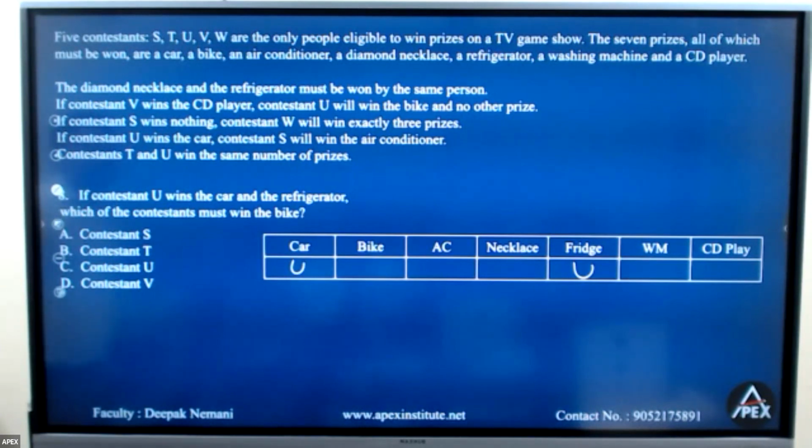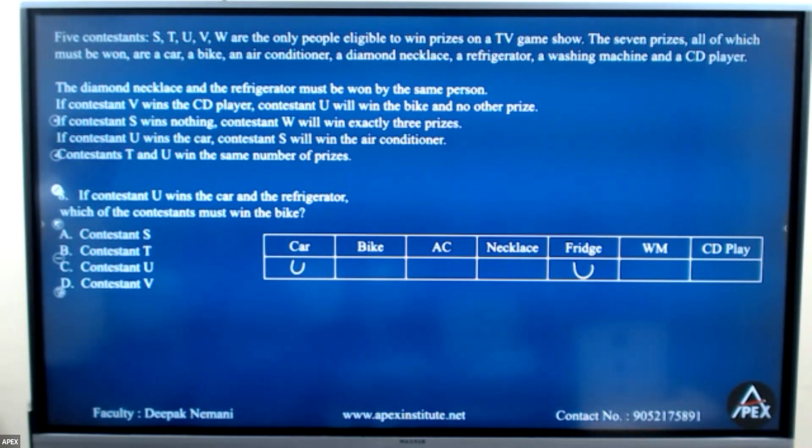If contestant V wins the CD player, contestant U will win the bike and no other prize. If contestant S wins nothing, contestant W will win exactly 3 prizes. If contestant U wins the car, contestant S will win the air conditioner. Contestants T and U win the same number of prizes.